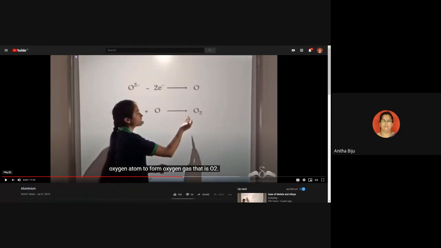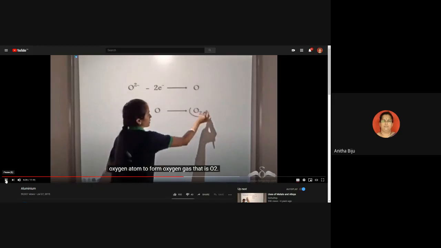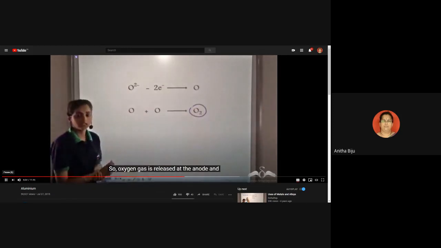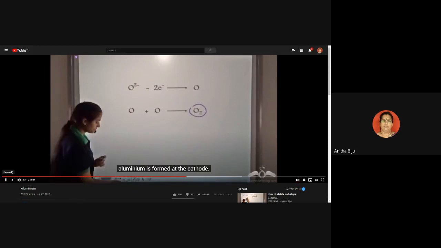Anode is an electrode where oxidation takes place. Oxidation is the process of removal of electrons. So oxide ion undergoes oxidation forming oxygen atom. So two such oxygen atoms combine together to form oxygen gas, O2. So oxygen gas is released at the anode and aluminium is formed at the cathode.